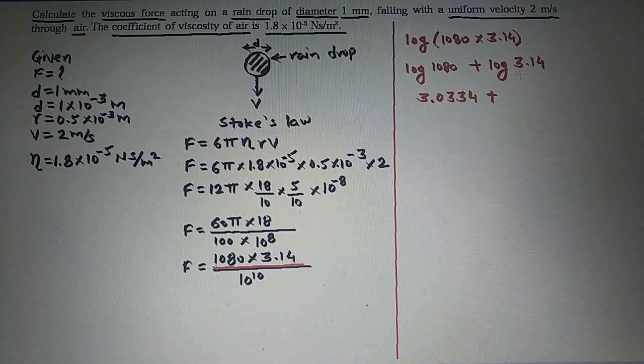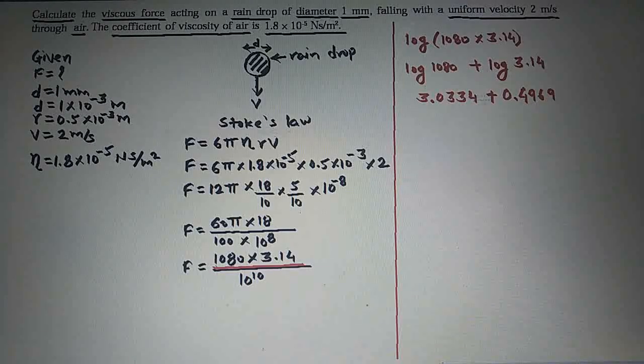There is 1 digit in the integer part here, so 1 minus 1, the characteristic is 0. Now we will take the mantissa of this 314. The mantissa of this 314 should be 4969.